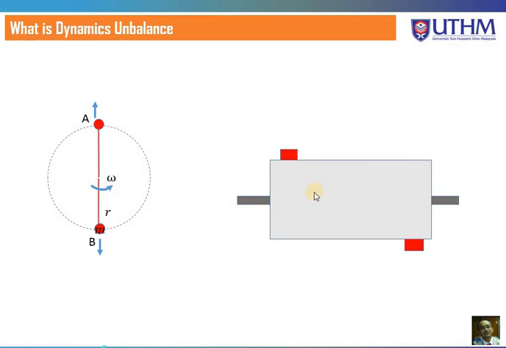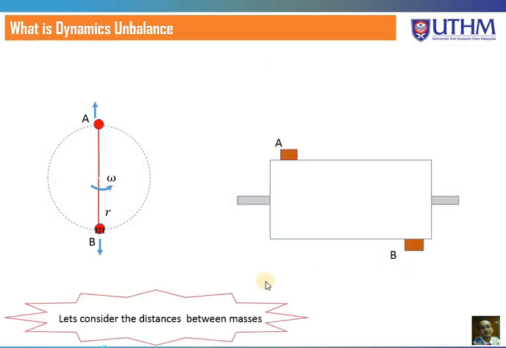Let's consider this figure. We have the centrifugal effect on mass A and B, and we consider the distance between the masses. We have this dotted line, which is a reference plane.